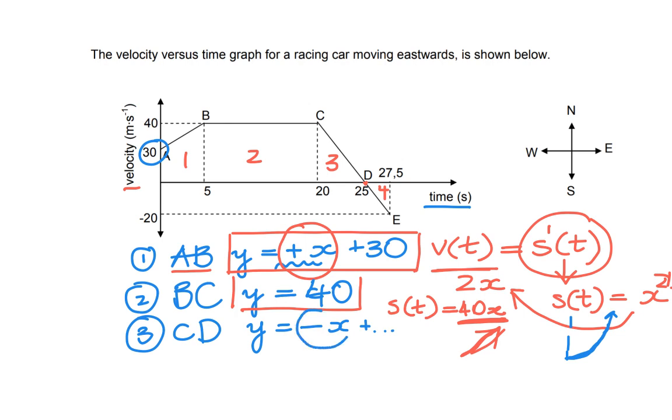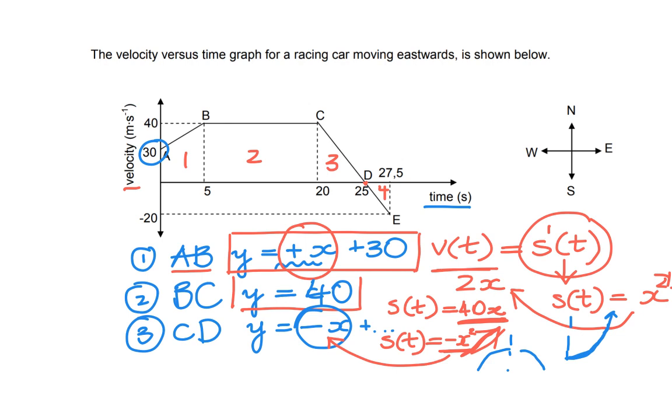Now, if I need to get a negative gradient, that means that I started with negative x squared, because only then will the derivative give me minus x. Now, if minus x squared, then that means I was dealing with part of a parabola with arms down at the start of this motion, if I need to recreate the graph of displacement versus time.